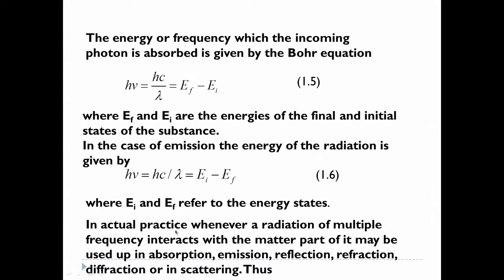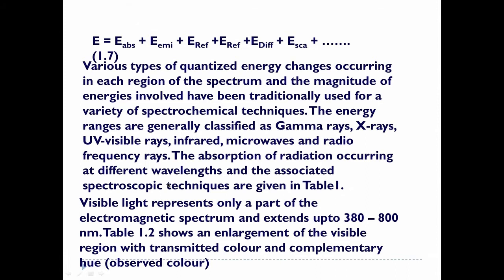Therefore, we can write a very simple expression like this: total energy E refers to energy of absorption, energy of emission, and part of it is reflected, refracted, diffracted, scattered, and there may be so many other interactions which we may not be going into details right now.